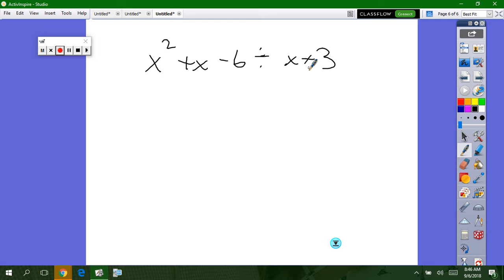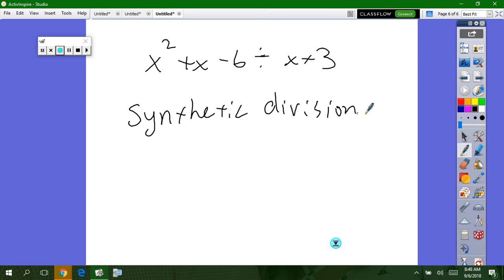Okay. This is called synthetic division. The last one was long division, just like we've done long division. This is called synthetic. Synthetic division can only be done when you have a binomial.